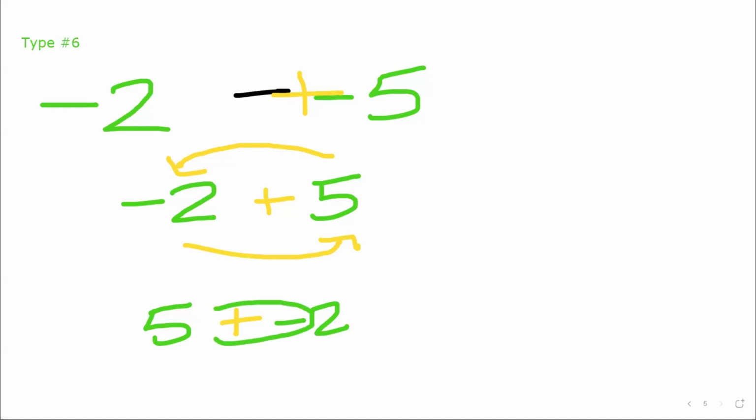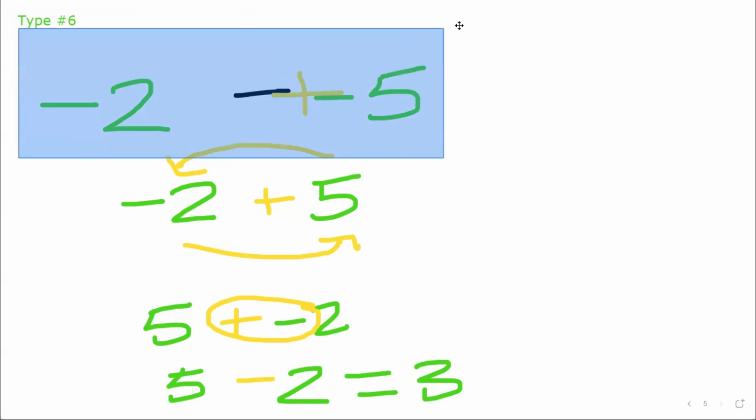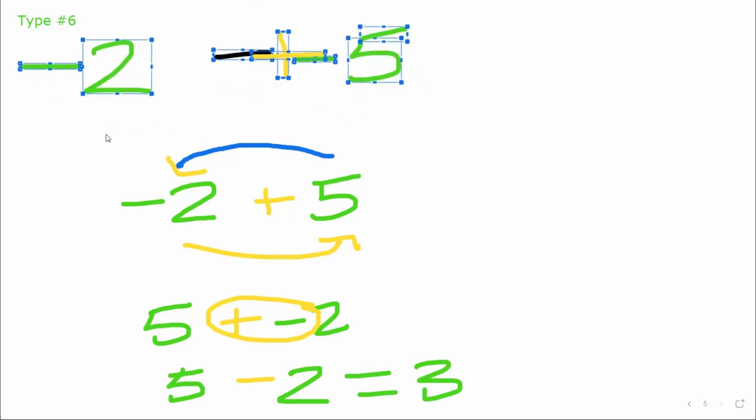Whoops, let me put that in yellow for us. Plus a negative. Adding a negative is going to turn into subtraction. 5 minus 2. 5 minus 2 is 3. Okay, it's a lot of steps, but if you take it one at a time, you've done all these pieces before. Yes?